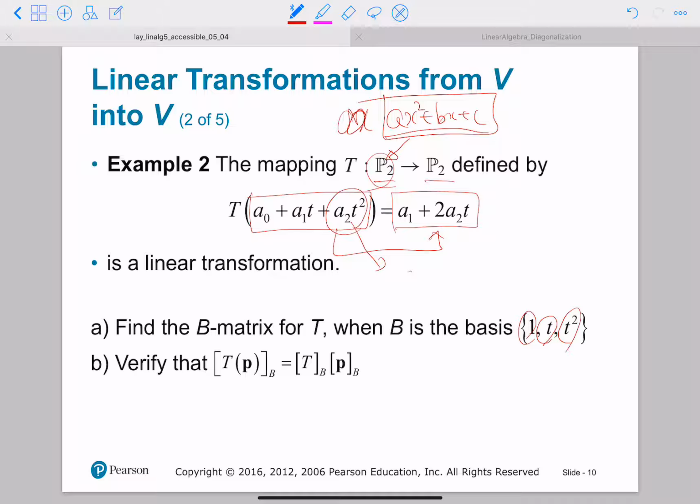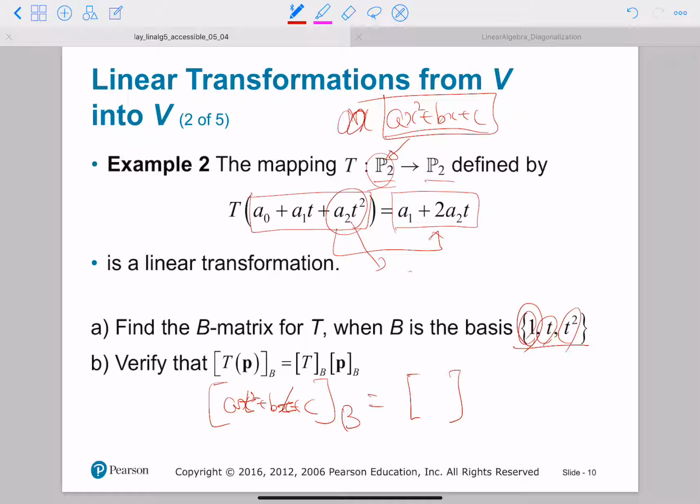Okay, and given this basis, let's represent ax squared plus bx plus c as B coordinates. The basis is 1, t, and t squared, right?